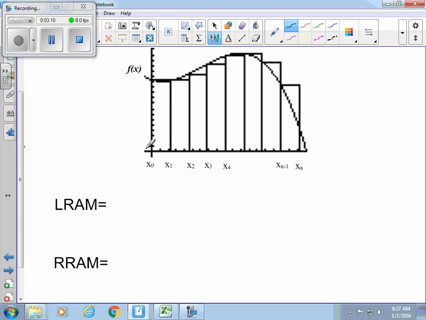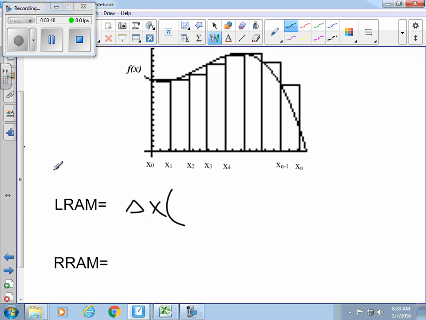If I have x values from x subscript 0 to x subscript n, so those are my partitions, how it's broken up, then my left rectangle approximation, now it does depend on whether you chose equal partitions or not. Do you know what I mean by that? If you chose equal partitions, you can factor out what I'm going to call delta x. What in the world would delta x be? Change in x. And I could multiply that by the heights of all the rectangles.